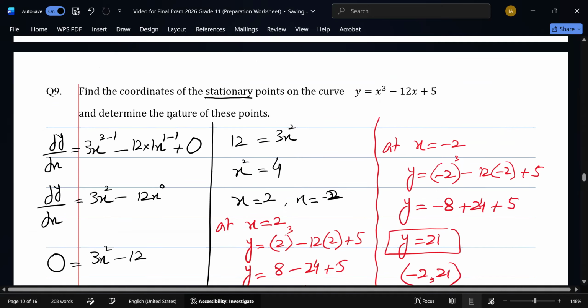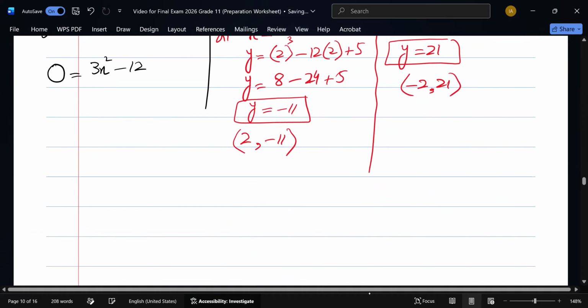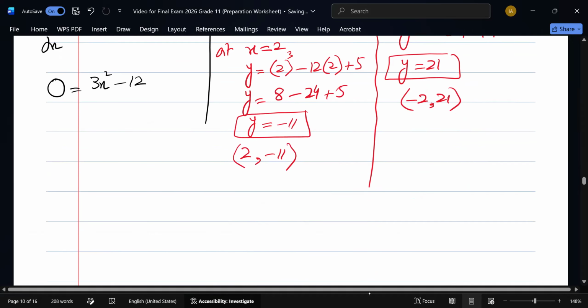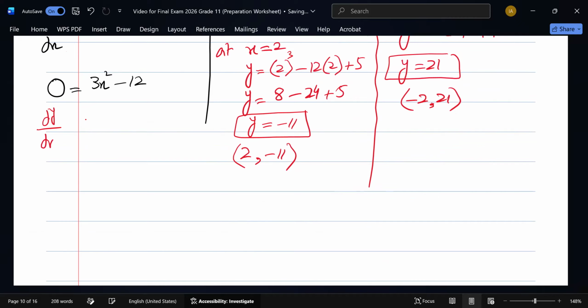Since they are also interested in the nature of these points, which one is maximum and which one is minimum, that's why we must know the second derivative. It means we differentiate the equation again. My first derivative is dy over dx equals 3x squared minus 12.